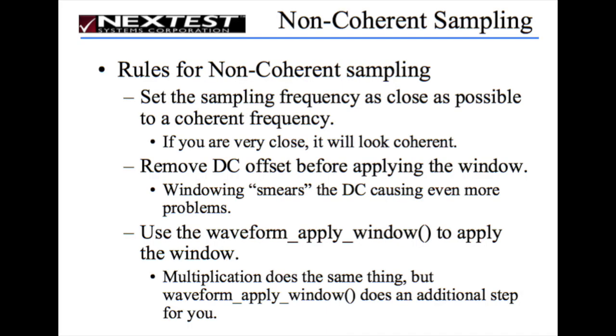Okay, rules for non-coherent sampling. Set the sampling frequency as close as possible to a coherent frequency. If you can do that, that really helps. And Daver had a rule: if you're very close, it'll look coherent. You won't even notice any difference. So you can get really, really close, and there's a couple of ways to do that.